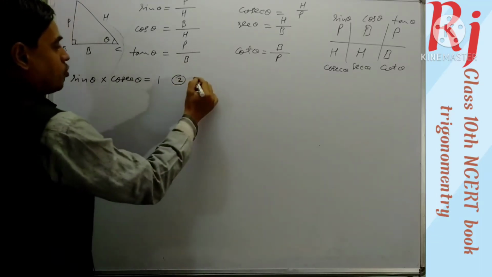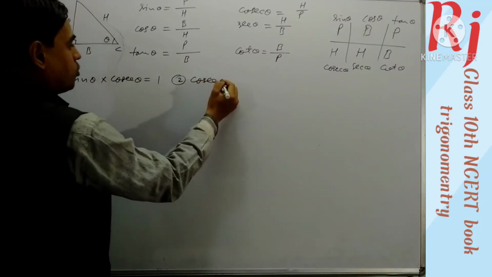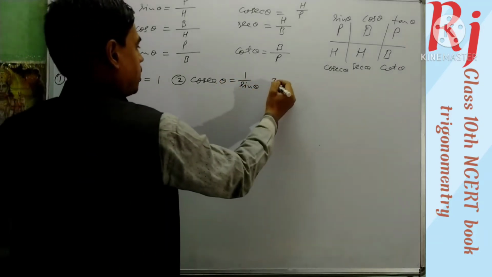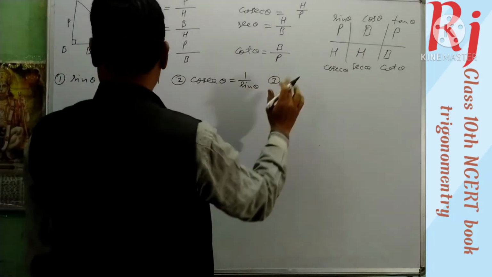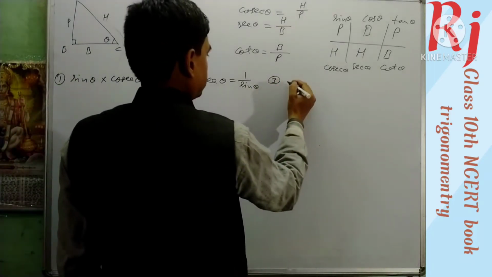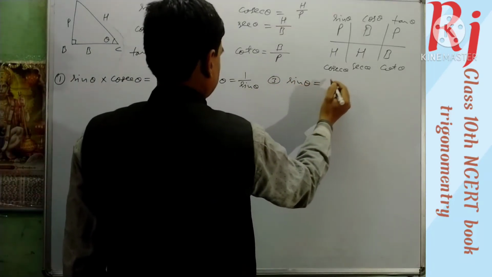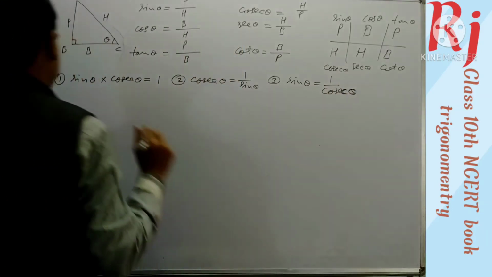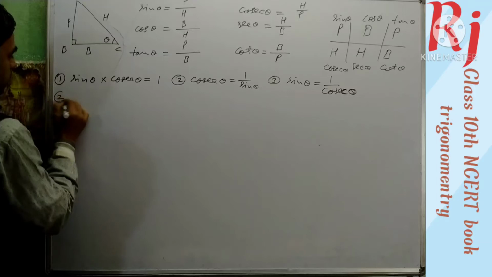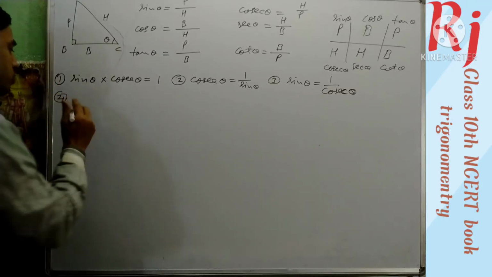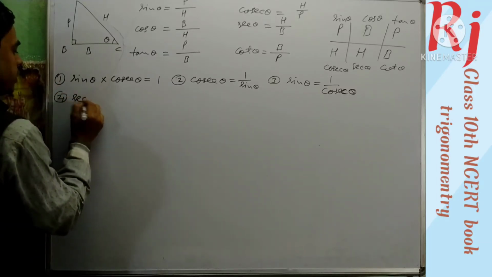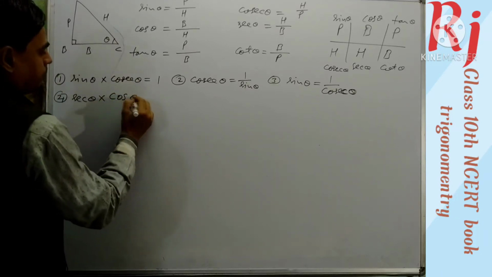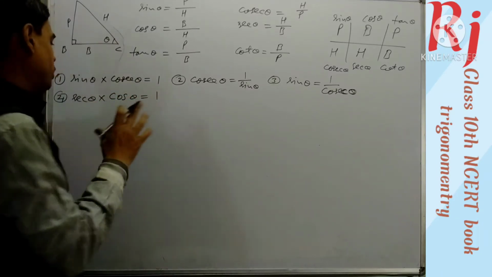Cosec theta equals 1 upon sine theta, and the third formula is sine theta equals 1 upon cosec theta. Now we are going to learn the fourth formula: sec theta into cos theta equals 1.